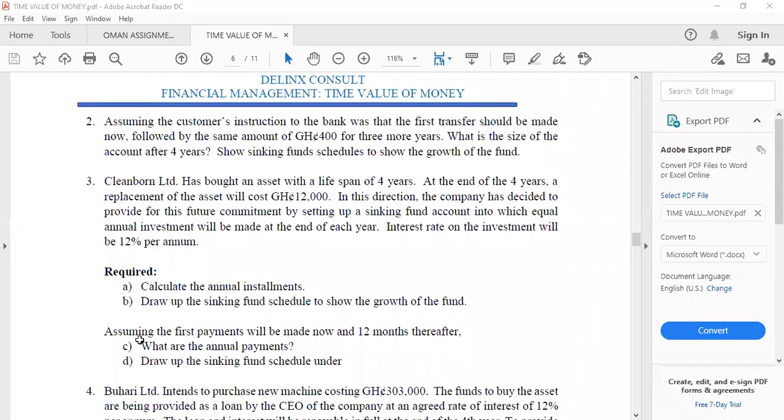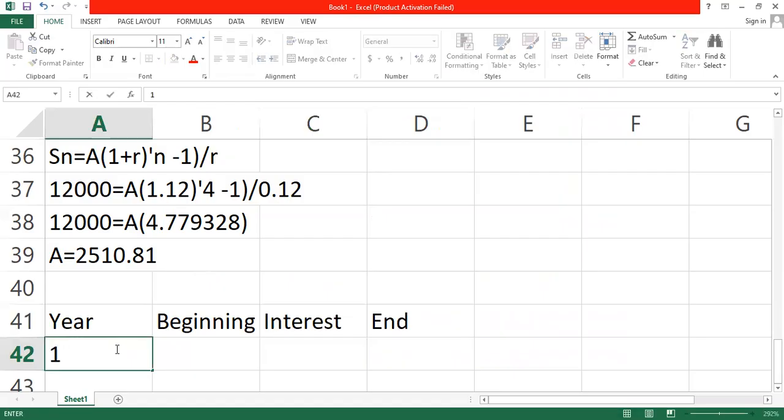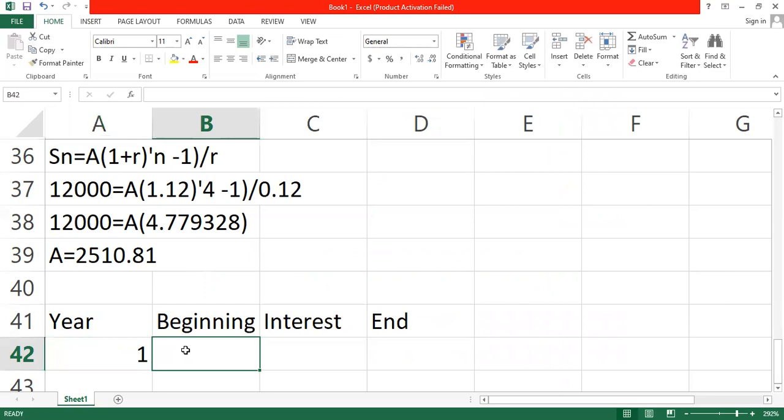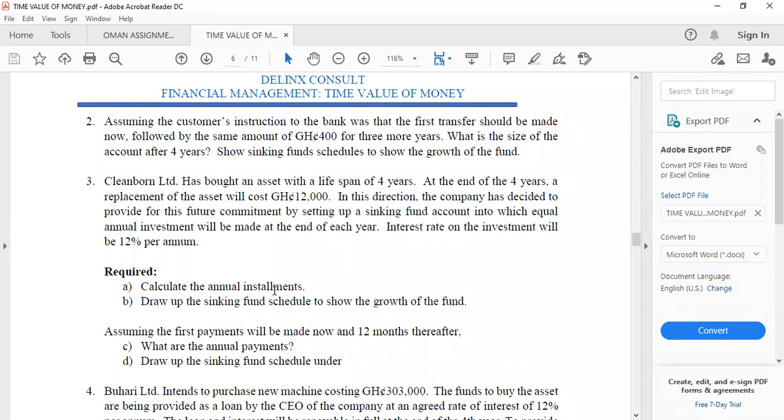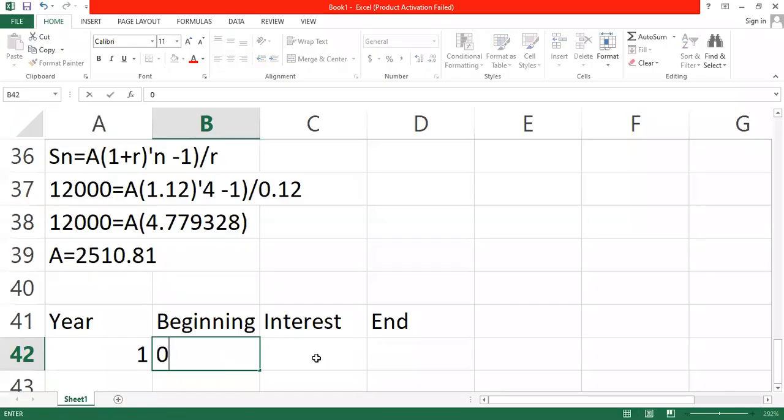So what is year one? Are you going to have any amount in the investment in year one? You're not going to have any investment because the money will be deposited at the end of the year. So we have 0 here. Therefore, no interest, isn't it?